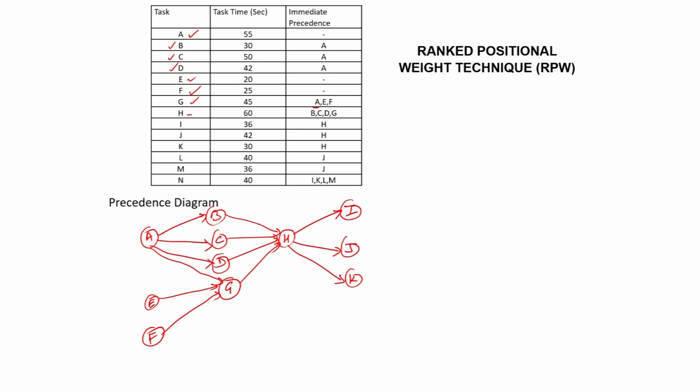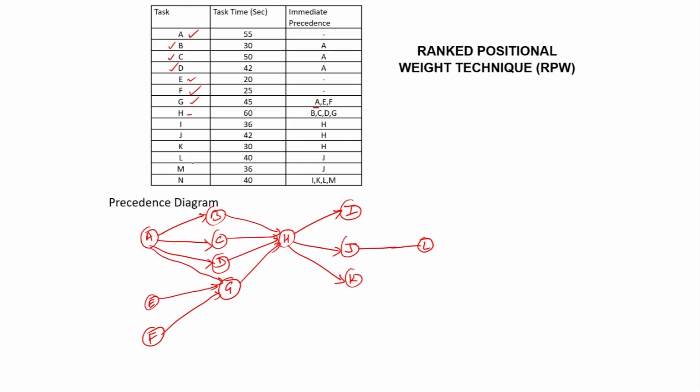Once that is done, I can do L after J. So, this is L. I can do M after J. Sorry, I can do K after H. We have done that.